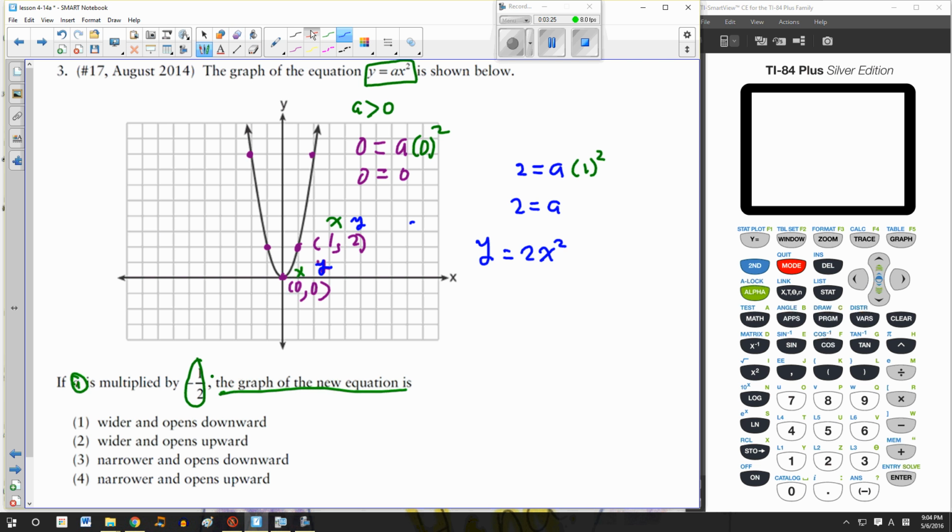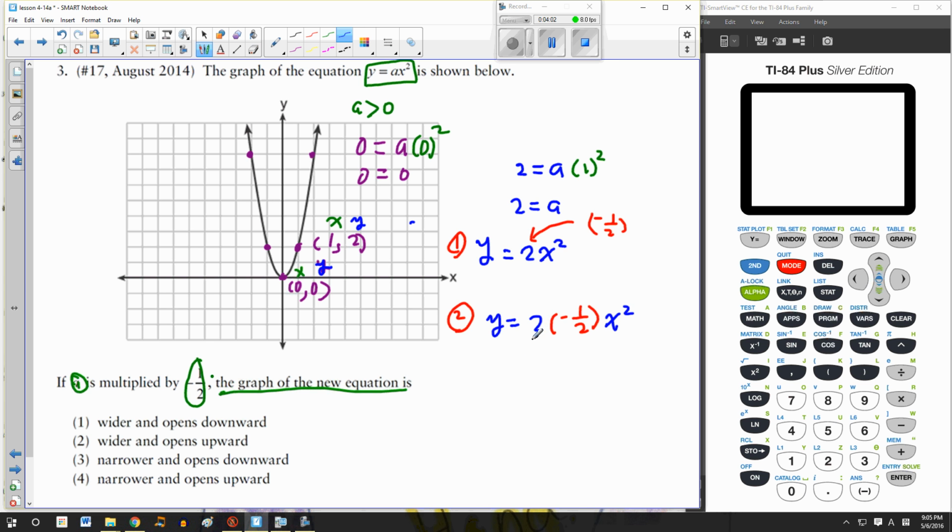That was the first step, finding a. Next we're going to find the second graph: if you multiply this a by negative 1/2, what's going to happen? Y equals 2 times negative 1/2 x squared.